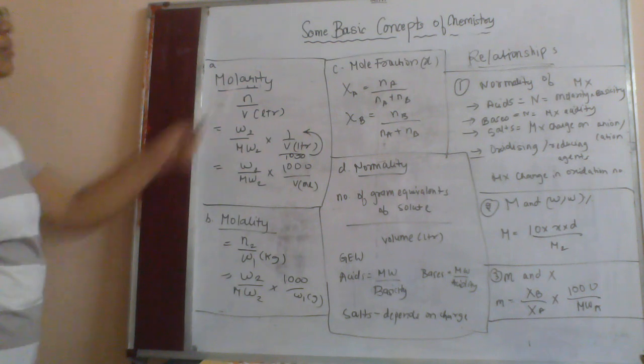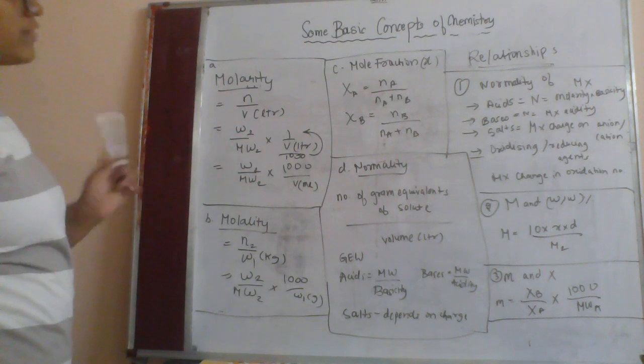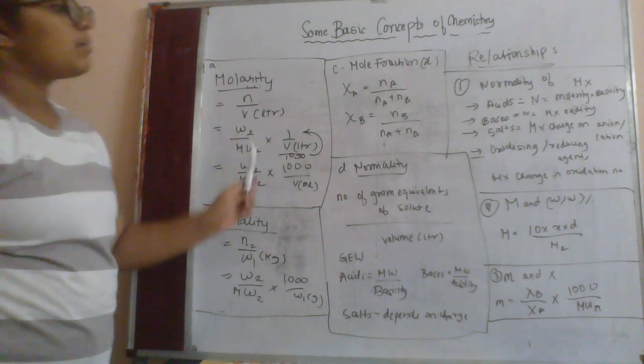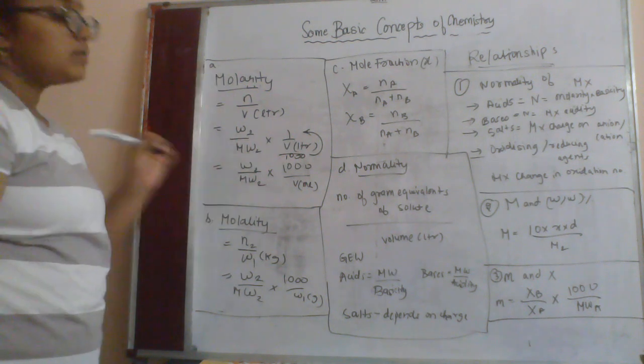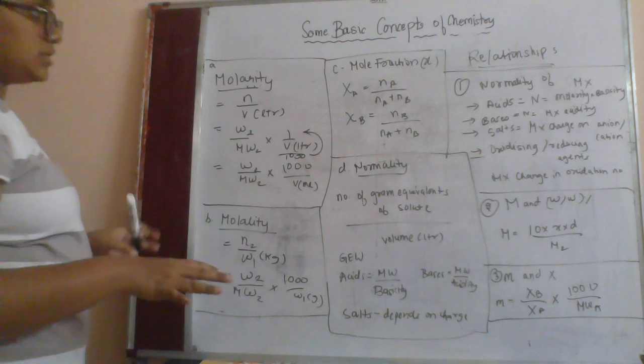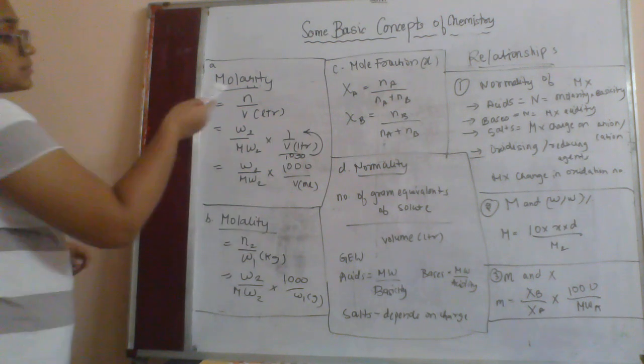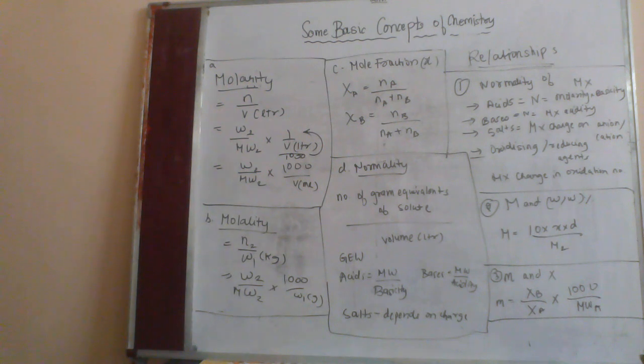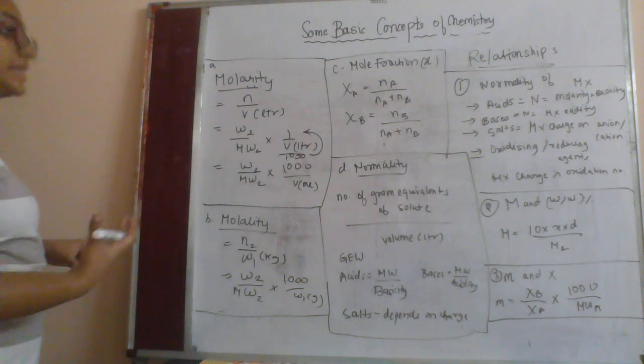Now coming to mole fraction. As we know, the word fraction means ratio. It is the fraction of the number of moles of one substance to another substance. Here chi A, this is represented by chi, which looks like the letter X. So chi A is the mole fraction of solvent.